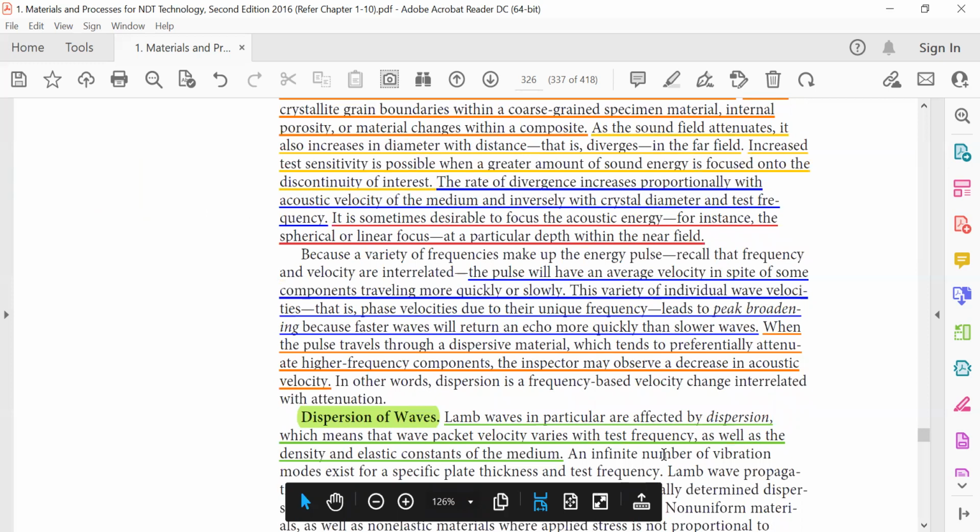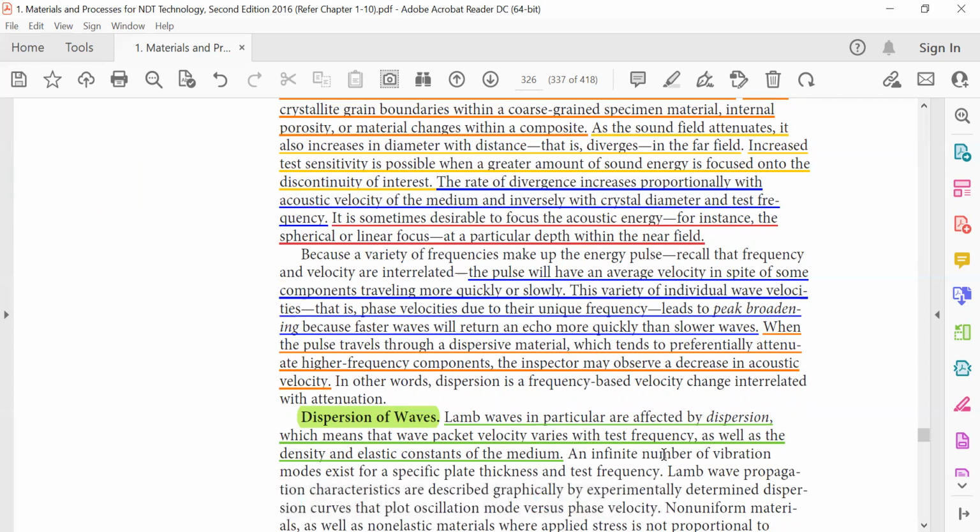The pulse will have an average velocity in spite of some components traveling more quickly or slowly. The variety of individual velocities, that is phase velocities due to their unique frequencies, leads to peak broadening because faster waves will return an echo more quickly than slower waves.